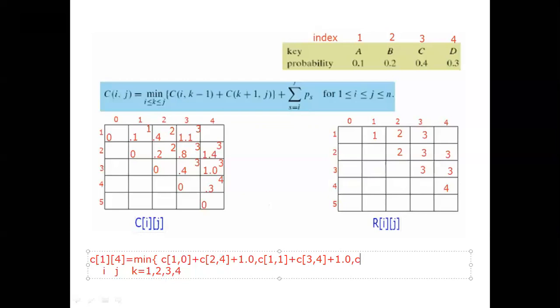The next K value, C of 1 comma 2. How 1 comma 2? What is I value? It is 1. What is K value? It is 3. Here K minus 1 it is 2, plus C of 4 comma 4. Why 4 comma 4? K plus 1. What is the current K value? 3. K plus 1 is 4.